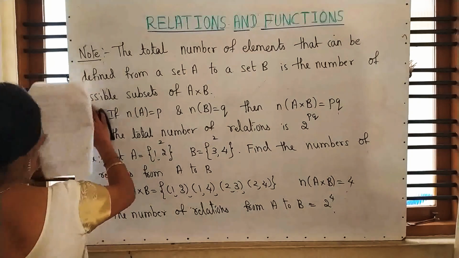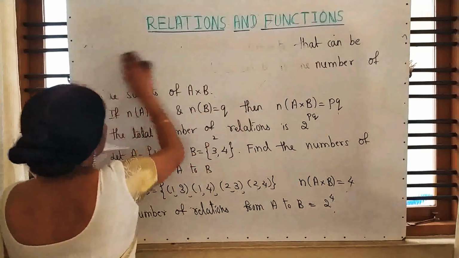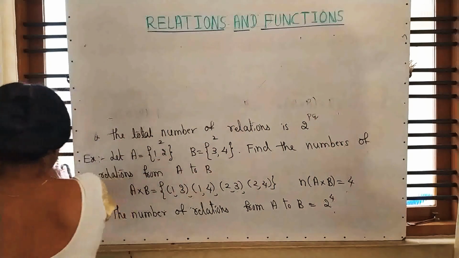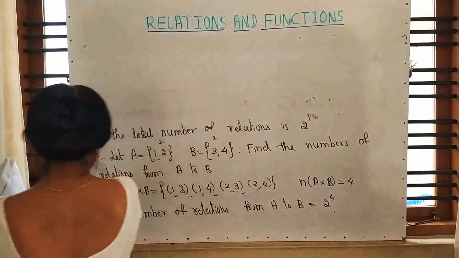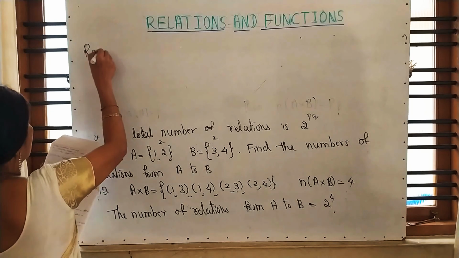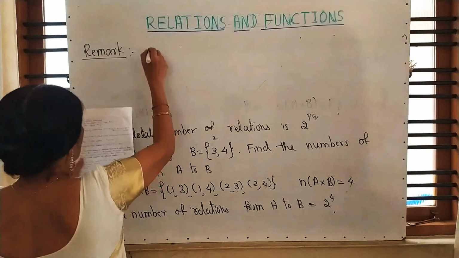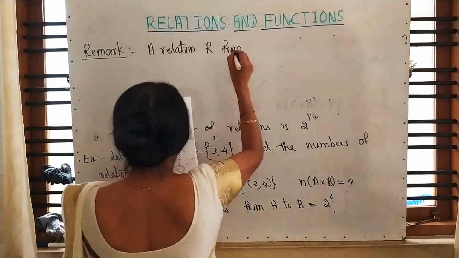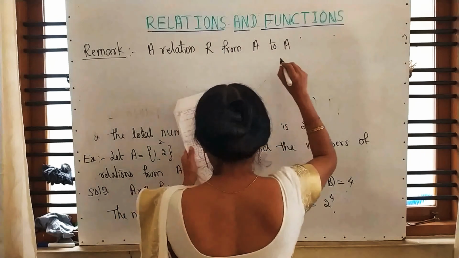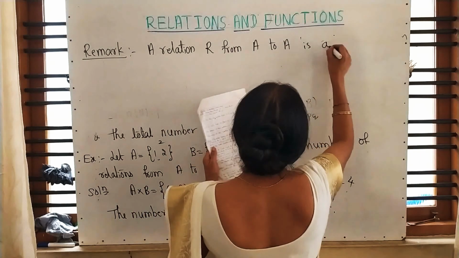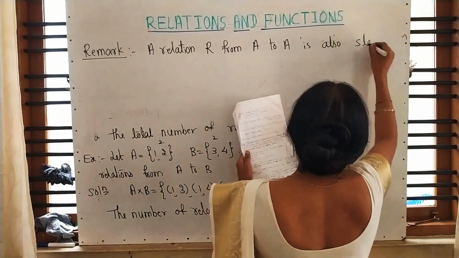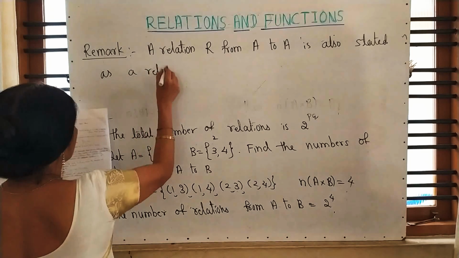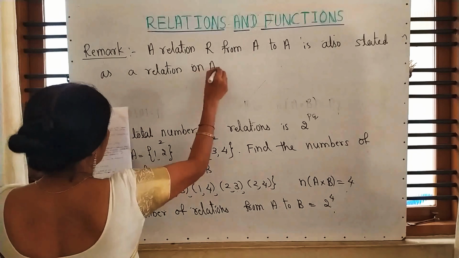Next, write down one important remark. A relation R from A to A is also stated as a relation on A. That means the same set is used.